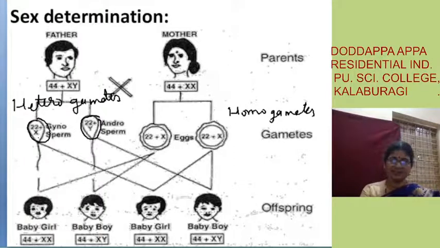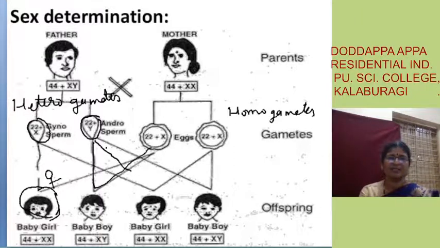If the sperm with the X chromosome fertilizes the ovum, then it will result in the production of a female child. If the sperm with the Y chromosome combines with the ovum, then it will result in a male. Let me write here only. It will result in the production of a male child.